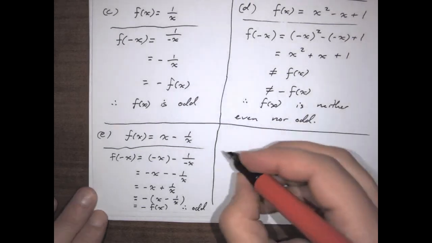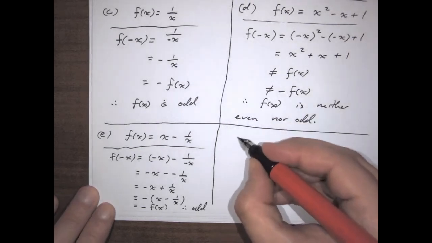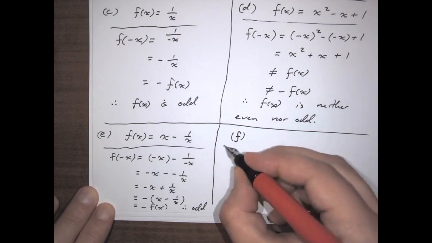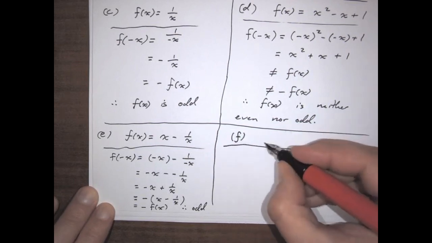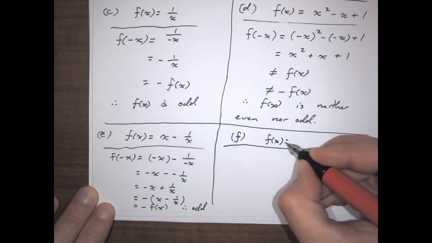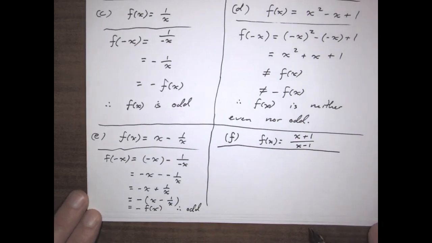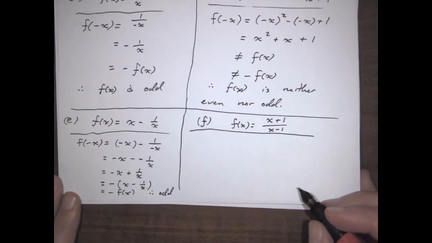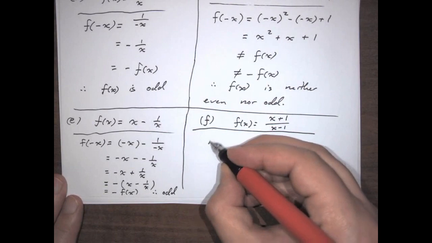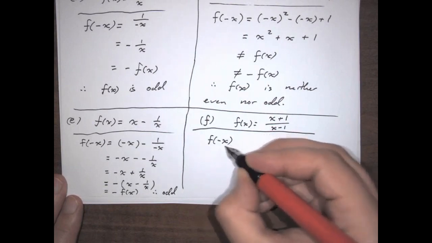Now let's take as one last example f of x equals x plus 1 over x minus 1. F of negative x.